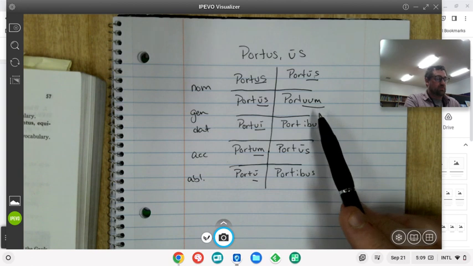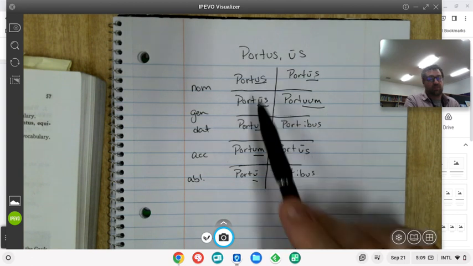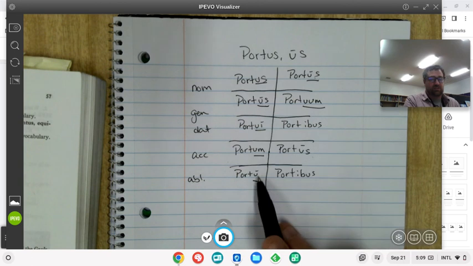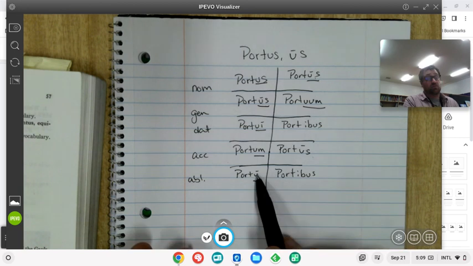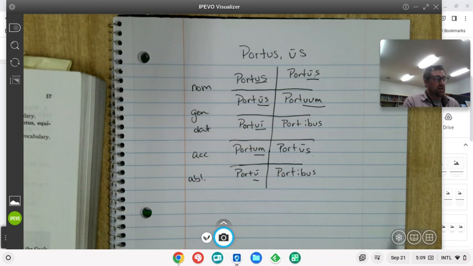Of course, this us isn't new in the nominative. Here, this is interesting. We had a with a macron, we had o with a macron in the second declension, and then we had e. They didn't have macrons, those e's down in the ablative in the third declension, but now we have a u with a macron. So that's not really new either.